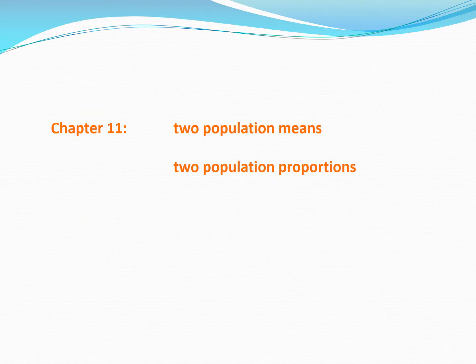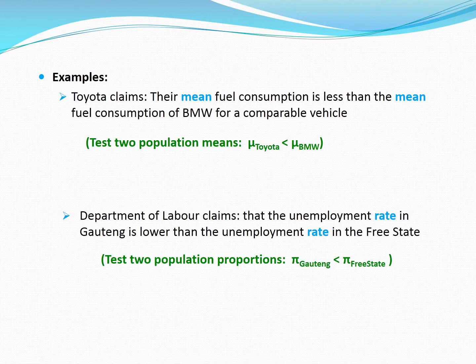And then in chapter 11 we will look at 2 populations where we test 2 population means against each other or 2 population proportions against each other. For example, Toyota claims that their mean fuel consumption is less than the mean fuel consumption of BMW for a comparable vehicle.